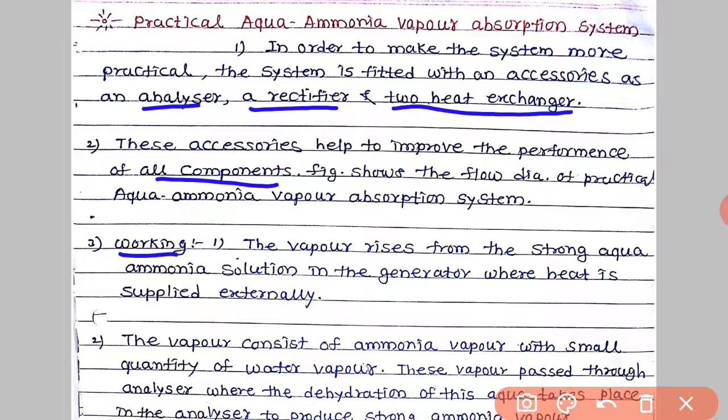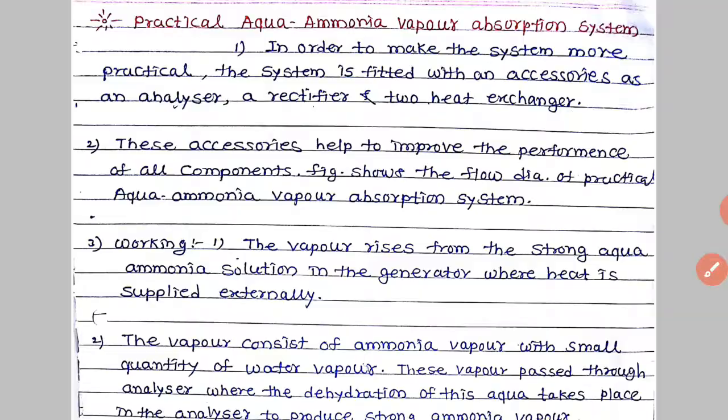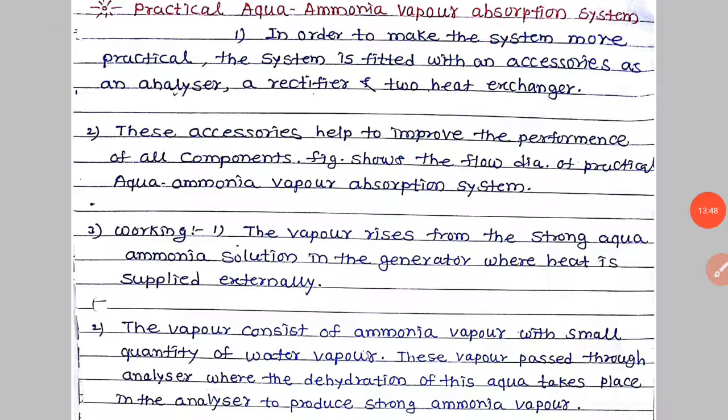The vapors consist of ammonia vapor with a small quantity of water vapor. This vapor passes to the analyzer, where dehydration of the aqua takes place to produce strong ammonia vapor.